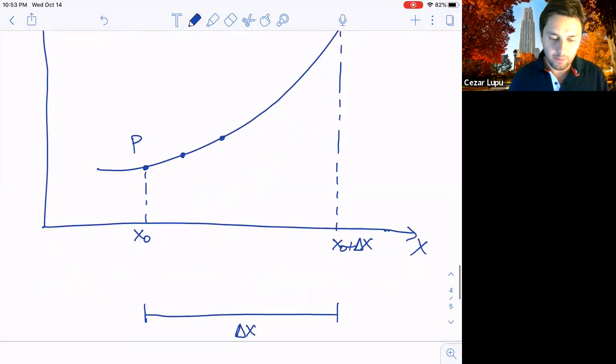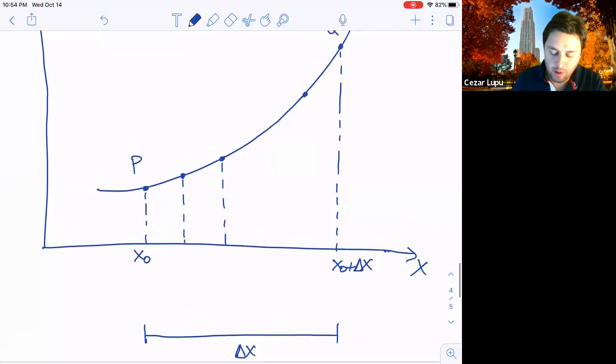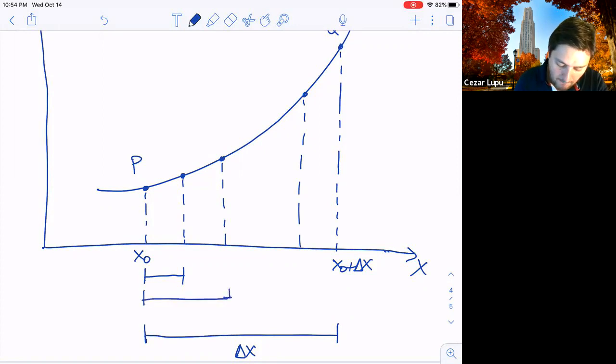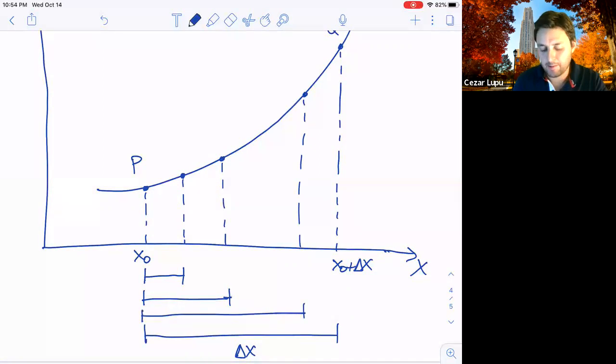But if I consider some other points right here or even here, I'm also considering the difference between this point and this point, or this one and this one, or even from this one to this one here.